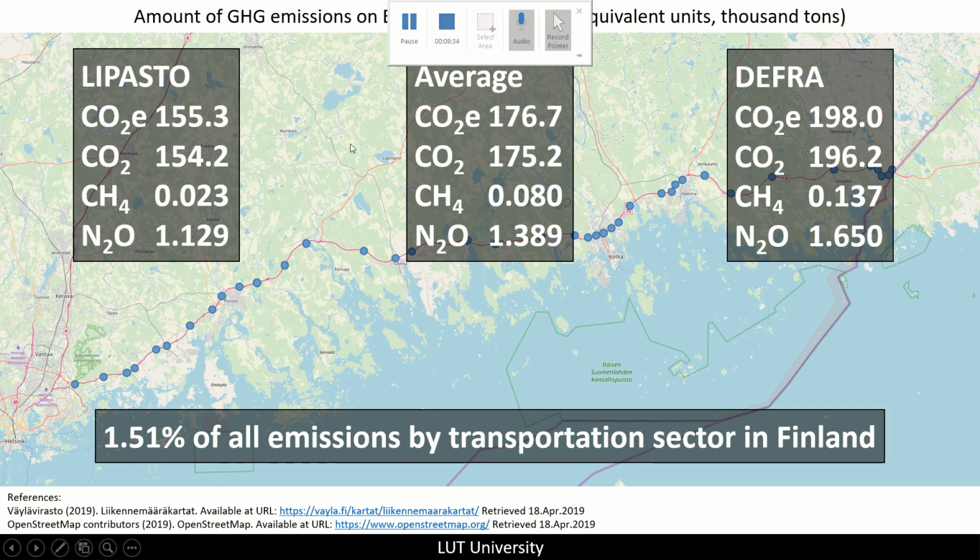As a reference, I also used DEFRA, which is a database developed in the United Kingdom. Now it gives us larger values because it's more general.